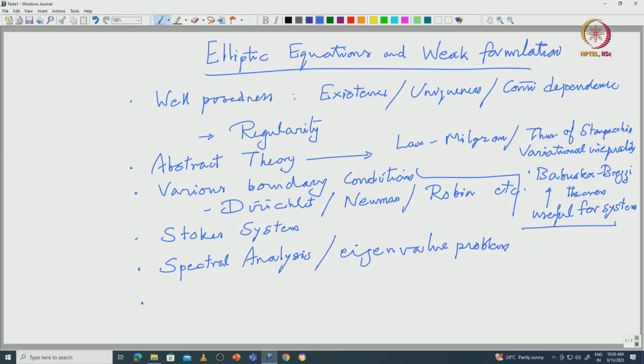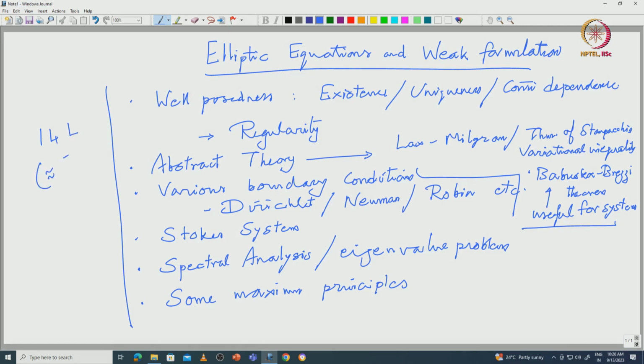And I hope some regularity, which we already mentioned, and maybe some maximum principles. That's the rough aim of this course. Probably in the 14 lectures, equivalently 7 hours, we will do that.